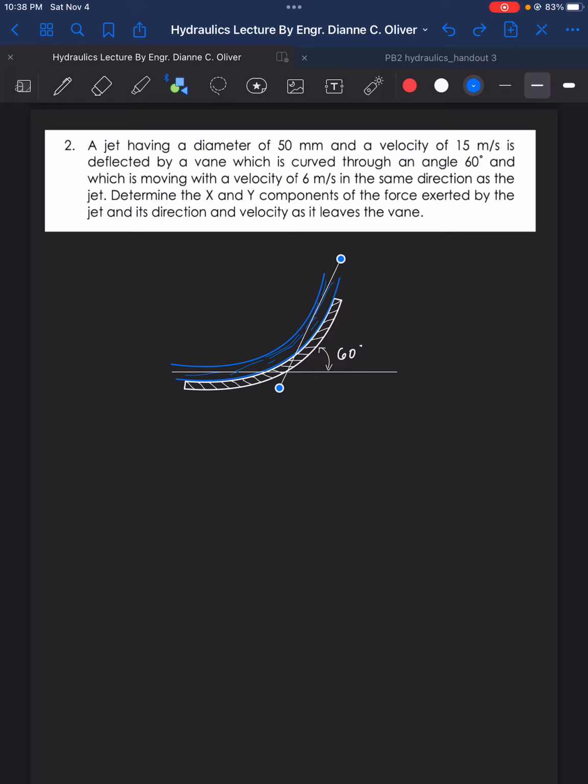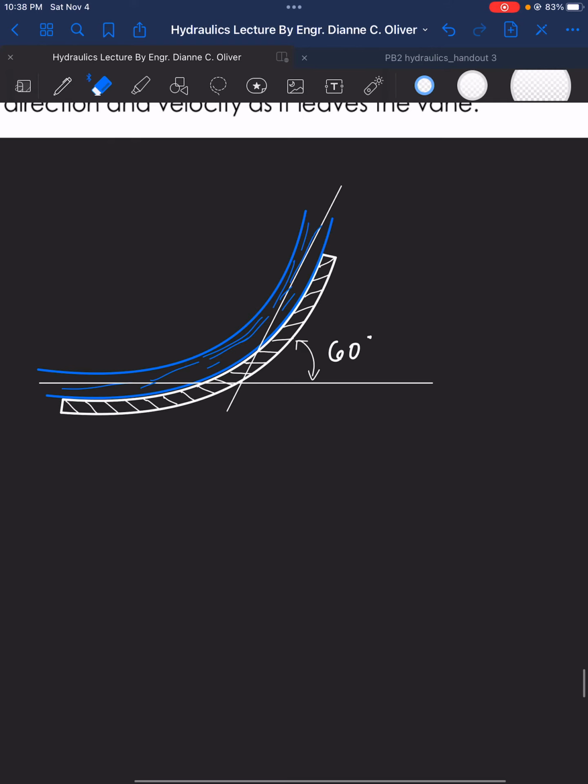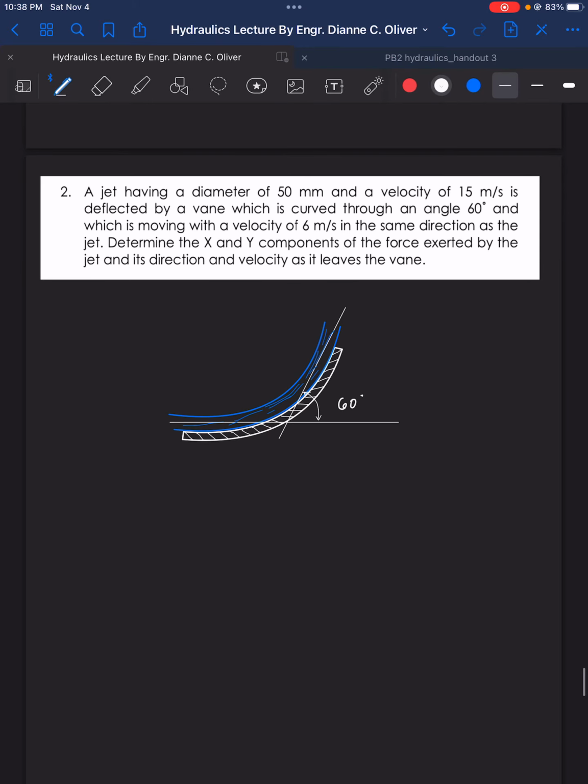So it could be like this. Let's have some small corrections here. There. The important thing there is it's represented by the 60-degree curvature.